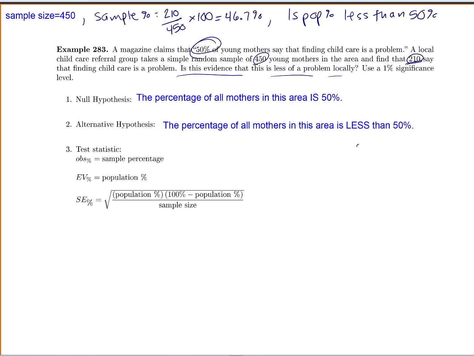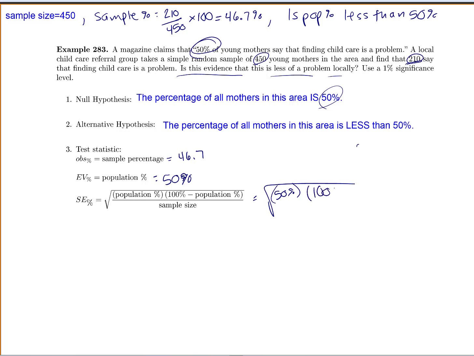Now for our preliminary work for our test statistic. Our observed percentage is just our sample percentage. We got 46.7. The population percentage is always based on the null being true. So if the null is true, then our population percentage is 50%. And for our standard error, we'll use that 50%. That's the biggest thing to remember: use the 50% and not the 46.7.